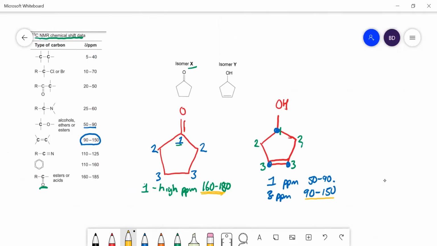Isomer Y is going to give you this pair, one reasonably high, one slightly lower. Numbers 2 and 3 in this compound are going to be 5 to 40 ppm, quite low. And here you'll only have 1, carbon number 2, which is a low ppm of 5 to 40.